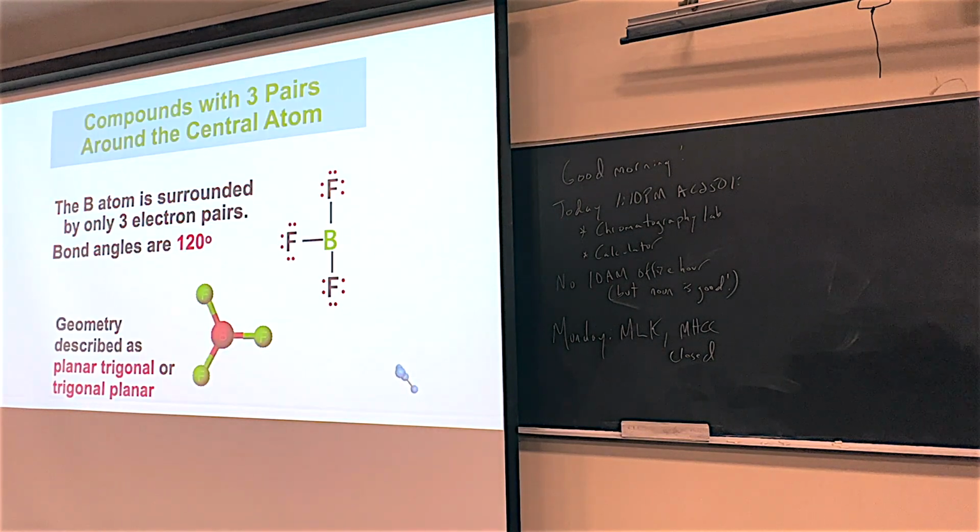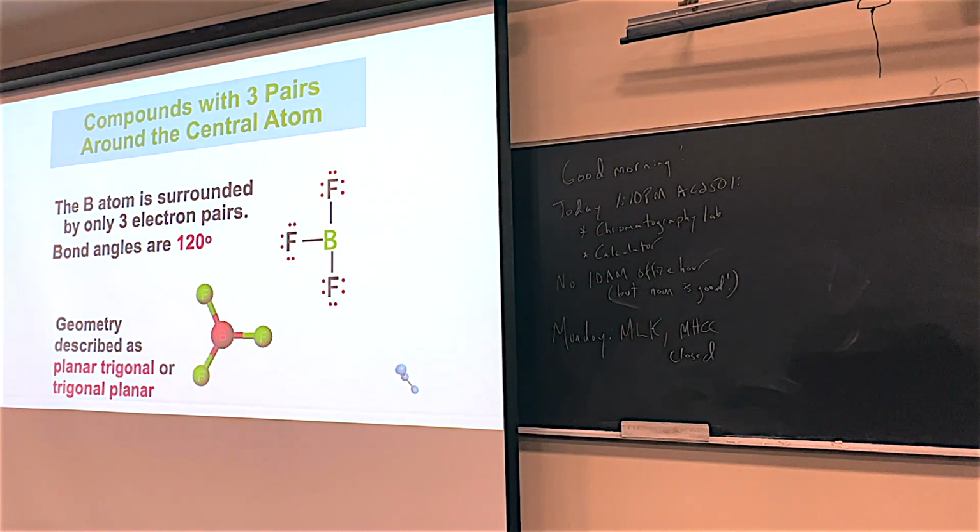Now, when something is less than an octet, and that's usually boron, beryllium, aluminum, the rules are just the same. So here's BF3 again. The boron has 1, 2, 3 clouds around it. I've drawn it here like a 90-degree and 180 thing, but that's not the reality of this molecule.